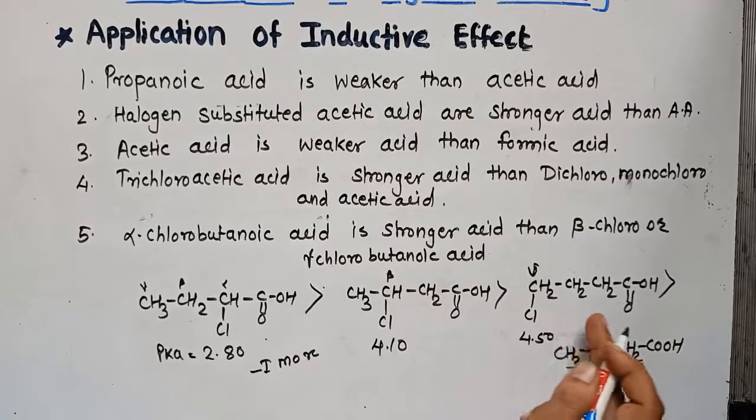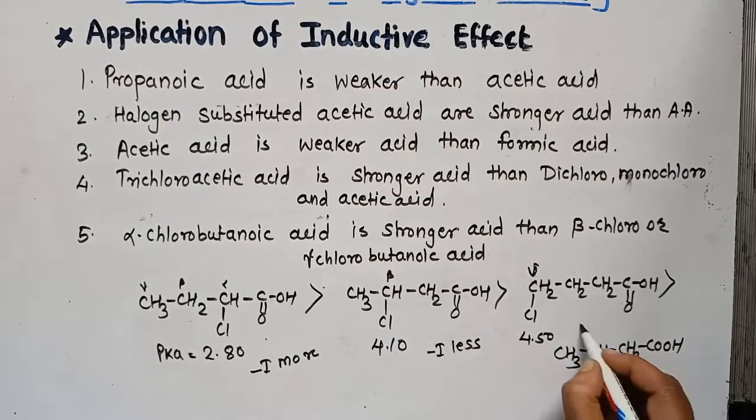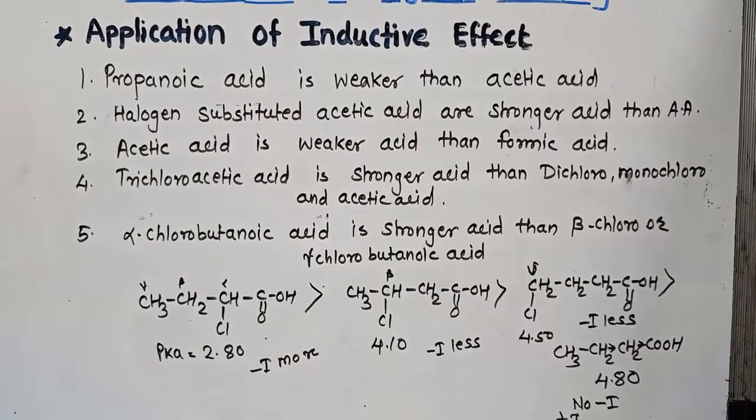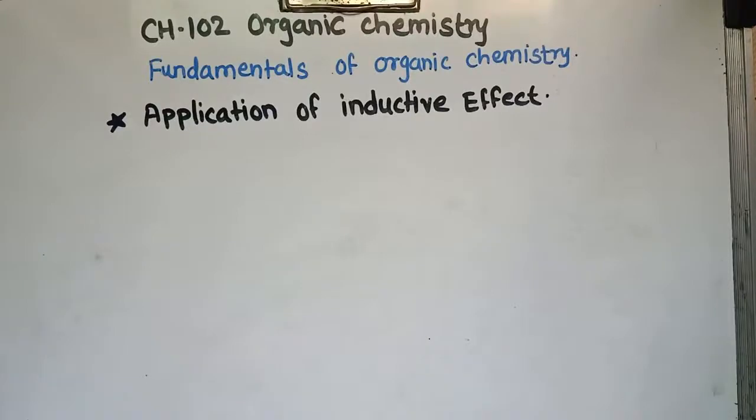Here the distance goes on increasing, so here the minus I effect is less, and here there is no minus I effect, because it shows the plus I effect, and due to that it is a weak acid. Hence alpha chlorobutanoic acid is a stronger acid than beta and gamma chlorobutanoic acid.